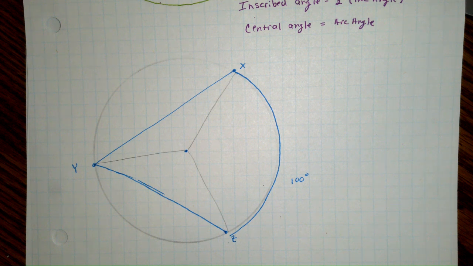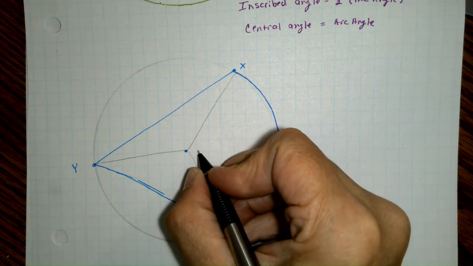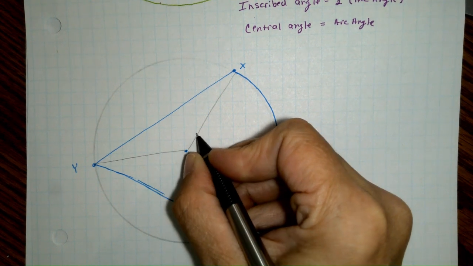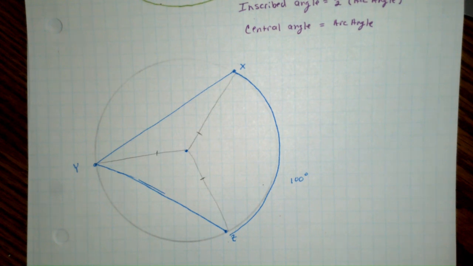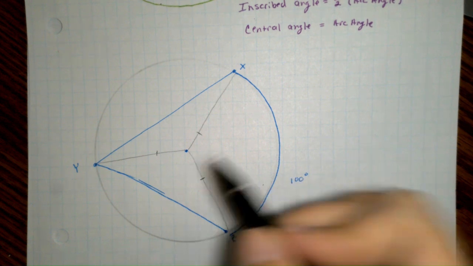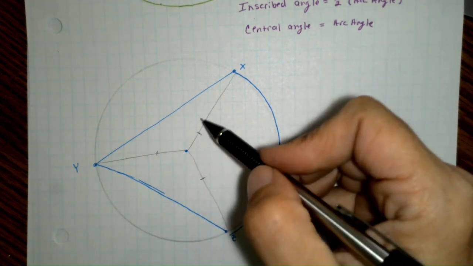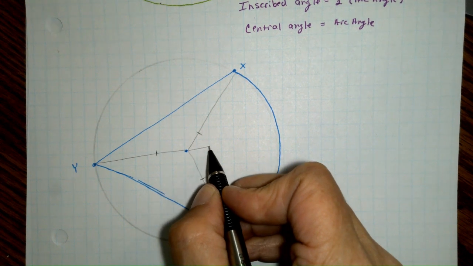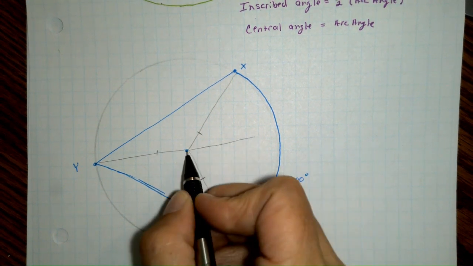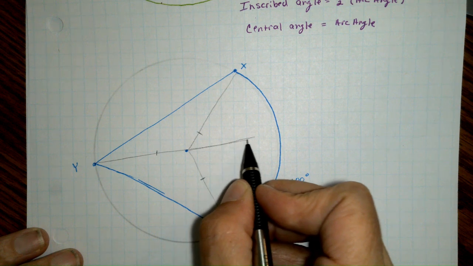Is that all right? Now we know that this is congruent to this, which is congruent to this, right? So we have two sides of the triangles that are congruent. We don't know anything else. So we'll go ahead and draw. We're going to extend this if we want.